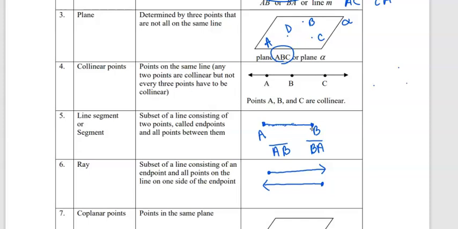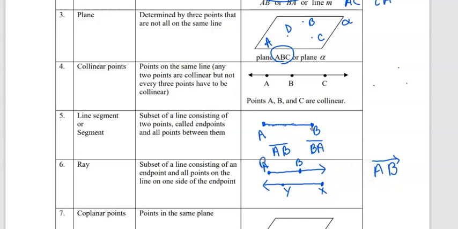When we name this, we do still need to denote another point on here to name it. So like this could be A, B, and just for the sake of it, this could be X, Y. So when you name this, you have A, B, and then the symbol for a ray above it. Notice that when I look at this, I know that A is the endpoint.